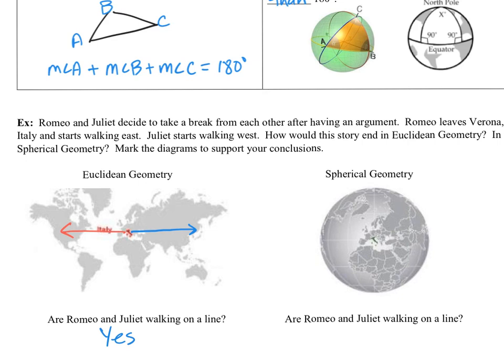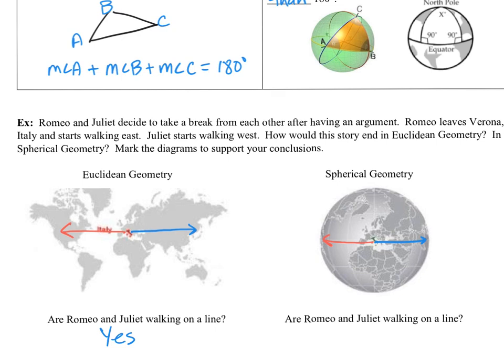Okay, now let's look at the same scenario, but this time in spherical geometry. So Romeo starts walking to the east. Juliet starts walking to the west. Now, let's answer the question, are Romeo and Juliet walking on a line? Well, this appears to be the center of the Earth, but I think you know enough about geography to know that the equator does not go through Italy.